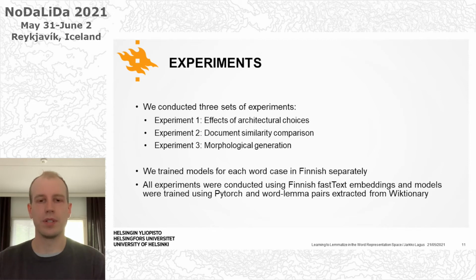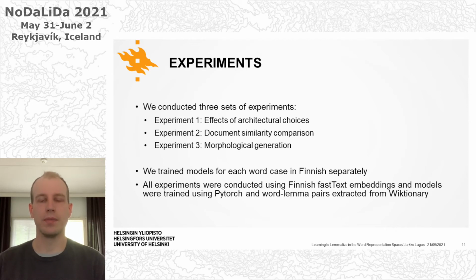In the first experiment, we just want to see if there are differences between choosing different architectures, and what kind of regularization parameters are needed. Then in the second experiment, we went more towards real-world tasks, measuring document similarity using this lemmatizer as a part of our pipeline.